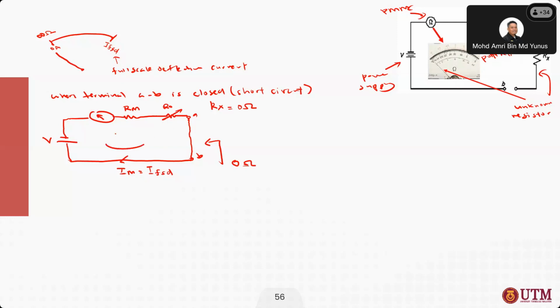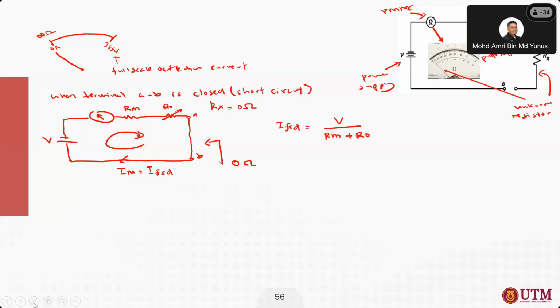So if we find the equation of IFSD, IFSD is equivalent to V over Rm plus Ro. In this case, we will adjust the Ro value until we get the IFSD, the full scale current.